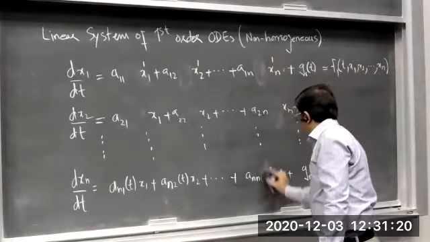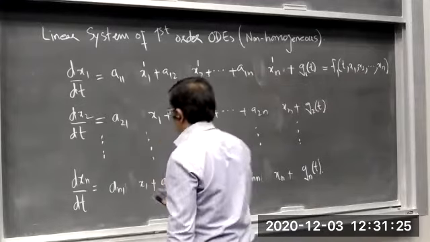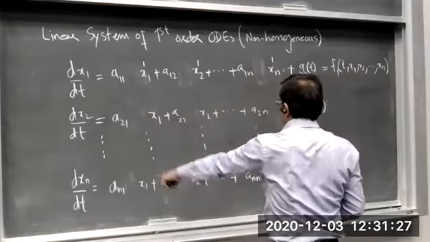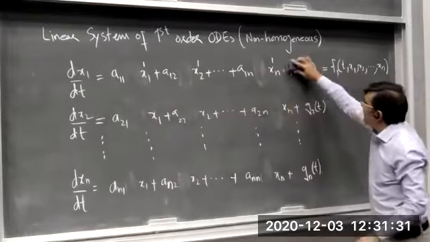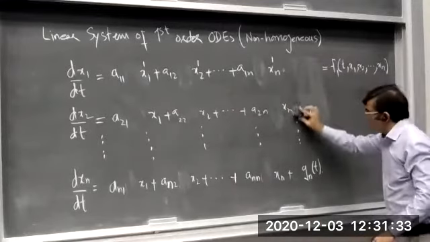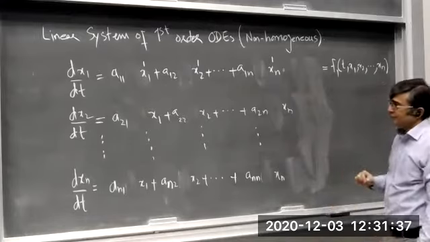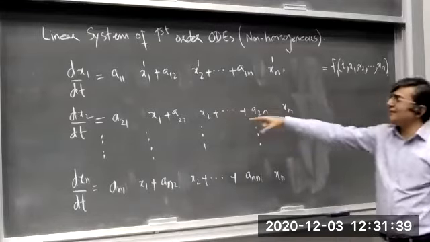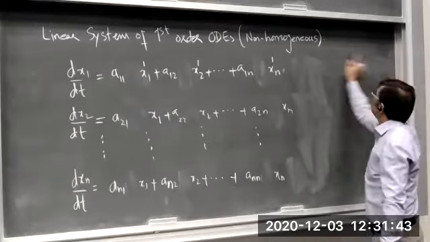So first we shall deal with this linear system with constant coefficients, plus homogeneous. We are not dealing first with the non-homogeneous system. We are going to deal with this system and we'll learn how to solve it.